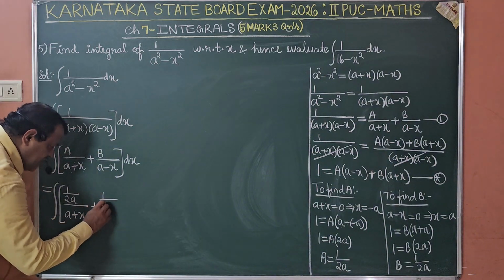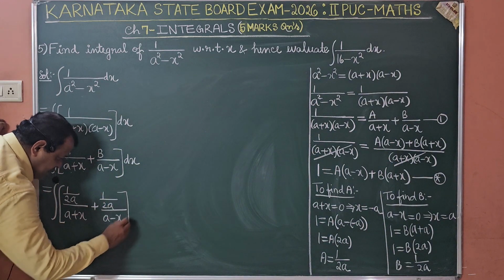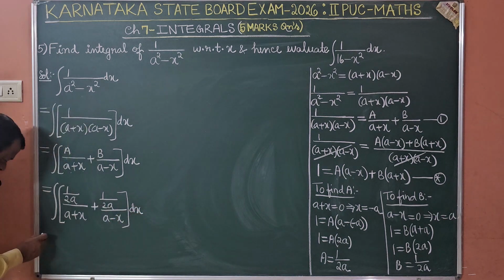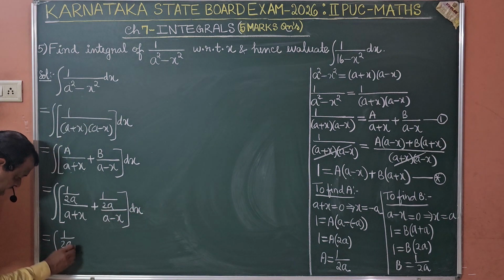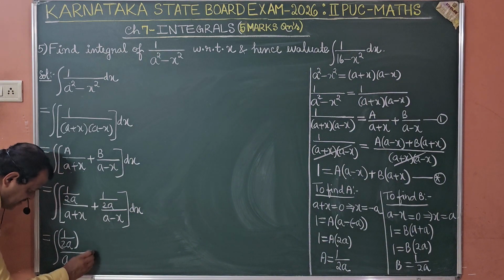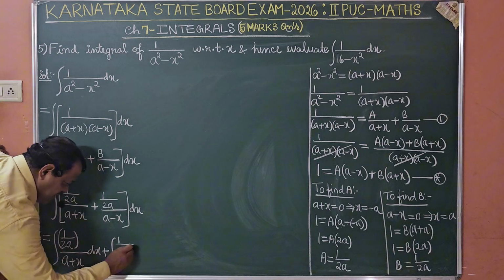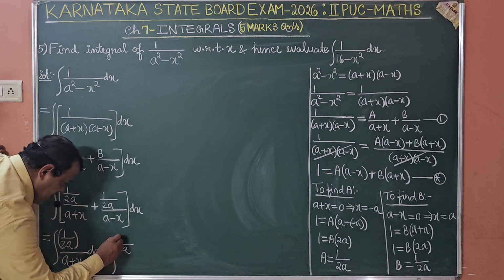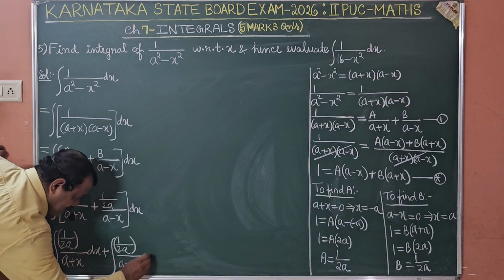Therefore, this can be written as one integral, 1 by 2a divided by a plus x dx, if I could split, and the second integral is 1 by 2a divided by a minus x dx.